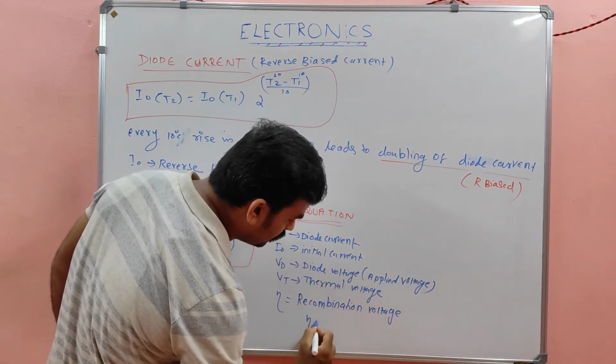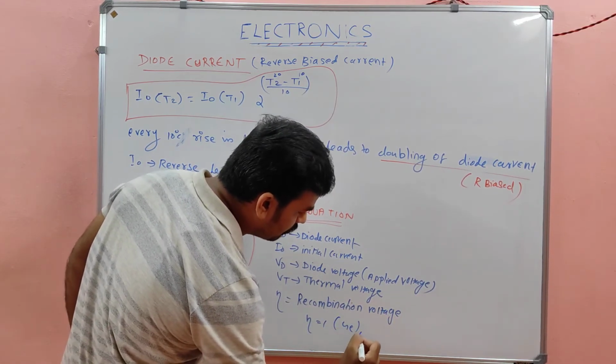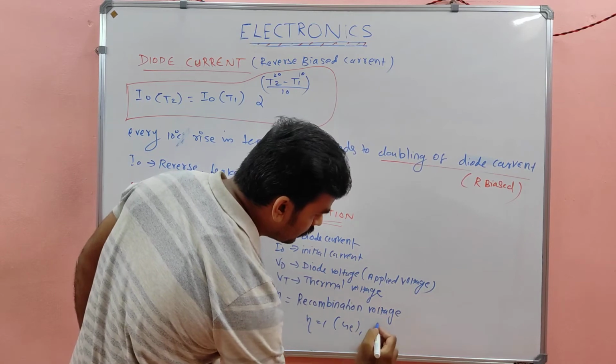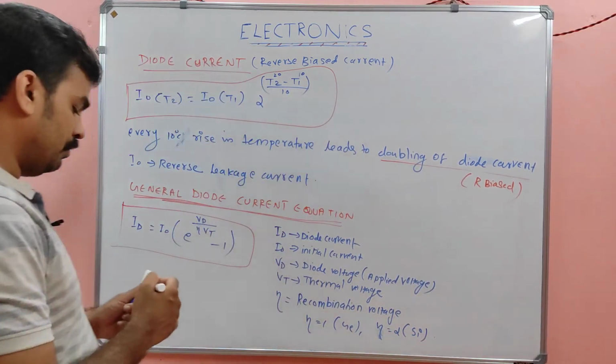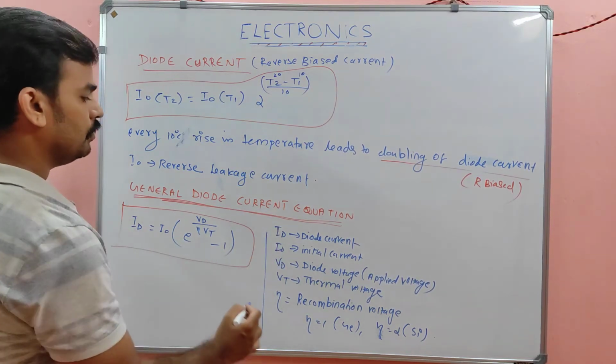Its value is equal to 1 for germanium and eta equal to 2 for silicon. This thing you have to note down.